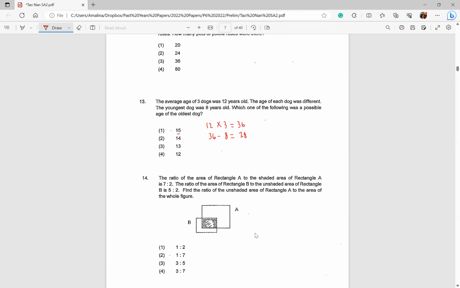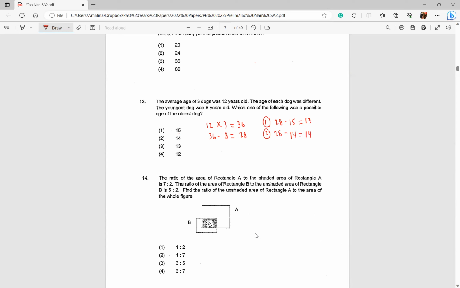Okay, if I take 28, I minus my 15, it means that the other dog will be 13 years old. Okay, option number 2, 28 minus 14, you get 14.